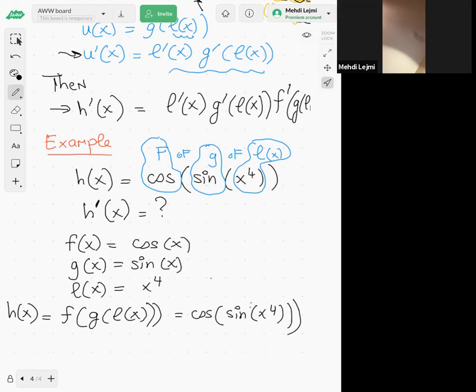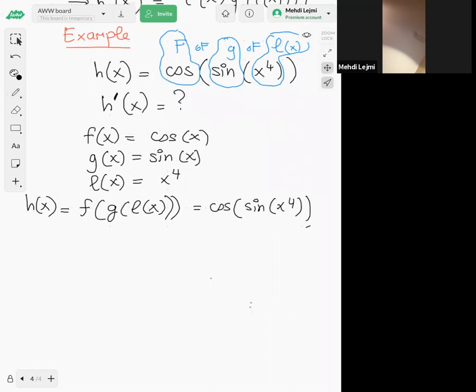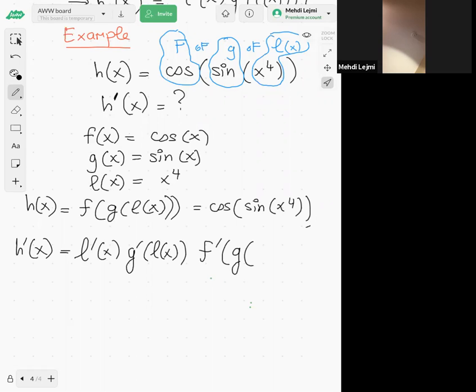Now, what's h prime? Well, the formula we had is the following. h prime of x is L prime of x, times g prime of L of x, times f prime of g of L of x, right?